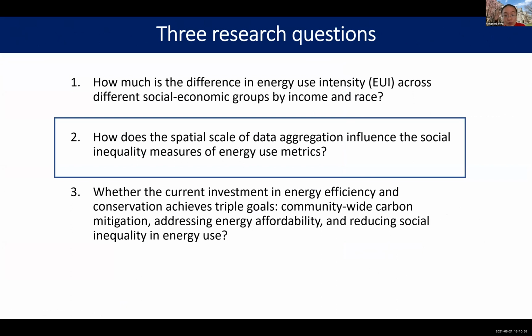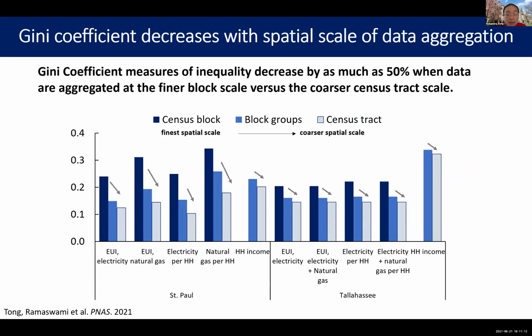And then as you notice, the previous analysis was done at the block group level, because that is the level at which I get the income data. And then the second question that I was trying to explore is the spatial scale of data aggregation. So what I did is calculate the Gini coefficient across three spatial scales, because I have the data at the finest census block level.